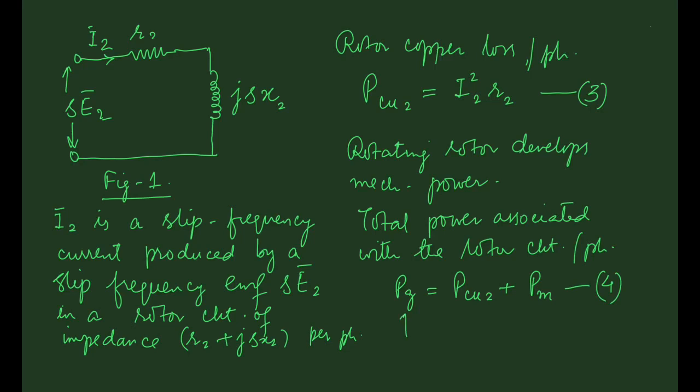PG in this expression is known as the air gap power, because this power is received by the rotor from the stator through the air gap of the machine.